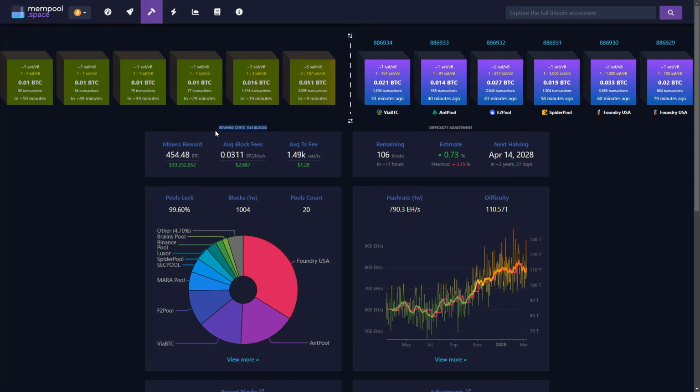So for the last day, there's 144 blocks every day that are mined, roughly. And this is how much money the miners have made in the last day. So they've been overall paid almost $40 million in the last 24 hours.